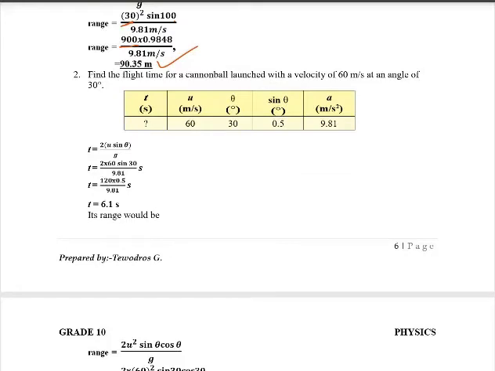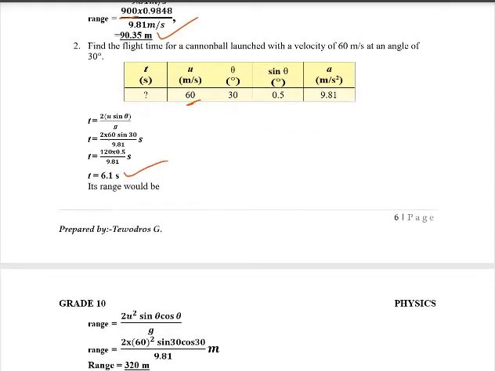And the other thing is, find the flight time for a cannonball launched with a velocity of 60 meters per second at an angle of 30 degrees. T, the flight time, that means the total flight time, is equal to twice u sine theta over g. U is 60. You can substitute 60 times sine of 30 degrees. Sine 30 is 1 over 2 or 0.5. 2 times 60 is 120, times 0.5, and divided by 9.8, you can get 6.1 seconds.